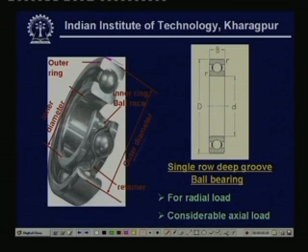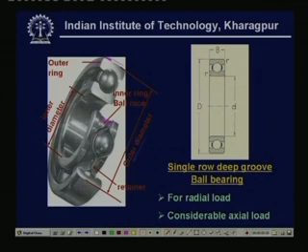We can see the steel balls are there, and this is called a retainer, which keeps the steel balls in position. These groove-type features are the inner race of the ball race. Similarly, you will have an outer race.